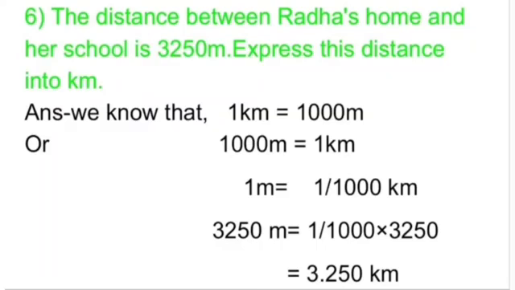So 1 meter will become equal to 1 upon 1000 kilometer, and 3250 meter is equal to 1 upon 1000 multiply 3250. This is a simple mathematics. So we will get 3.250 kilometer. Means in this way we can convert meter into kilometer.